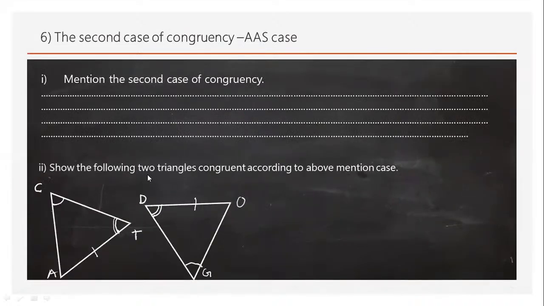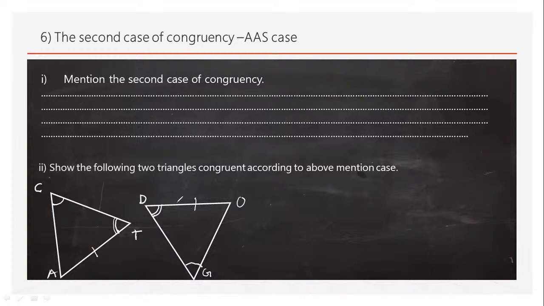The second case of congruency: angle, angle, side case. It means two angles are there and one side is there. That is called the second case of congruency.